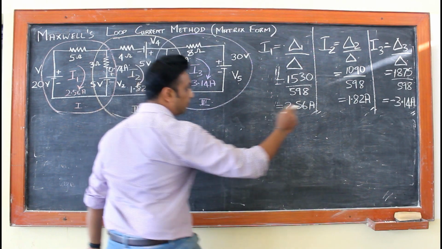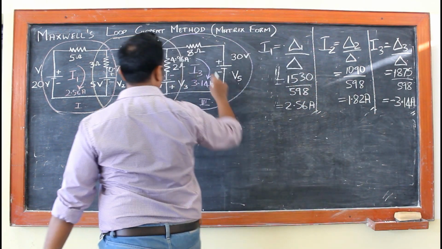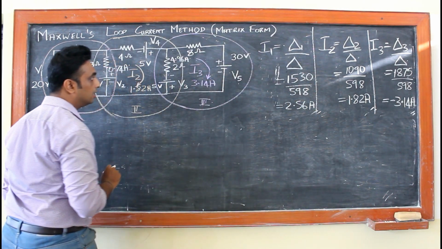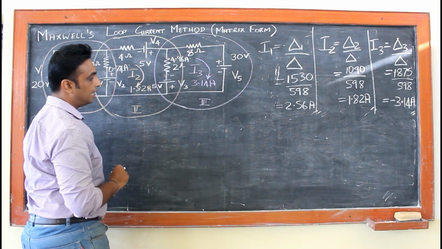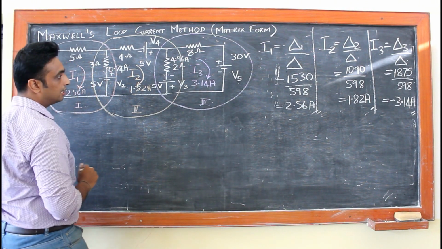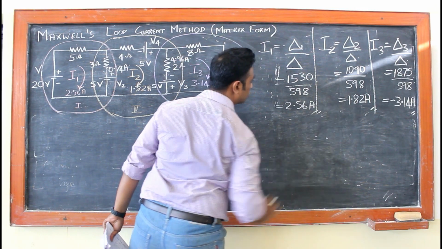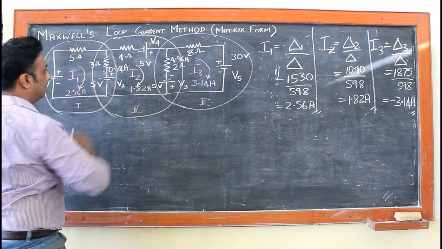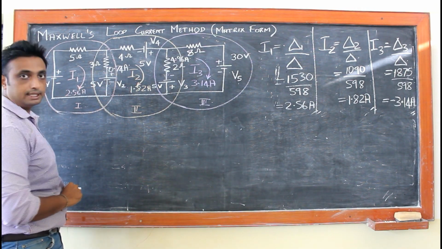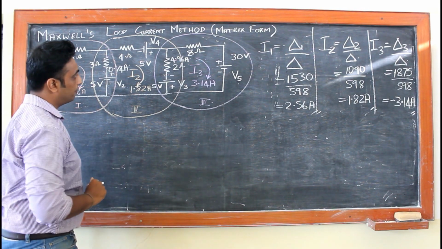Now, if you get a minus here, that means whatever direction you have assumed is incorrect and the direction has to be changed. For I1 and I2 it's positive, so whatever direction we have assumed here, which is clockwise in direction, is perfect.